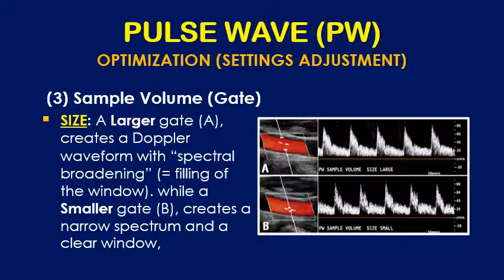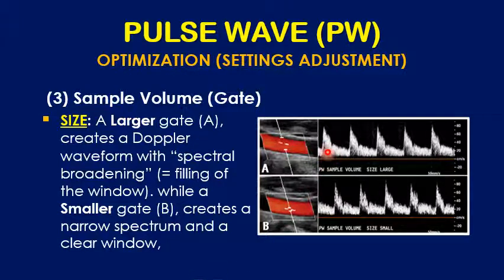Also, the size: do we have a big or a small sample volume? A larger gate, sometimes people call it a long gate or a big gate or a large gate, will bring some filling of the window. As we look at this flow here, there's some tracing.